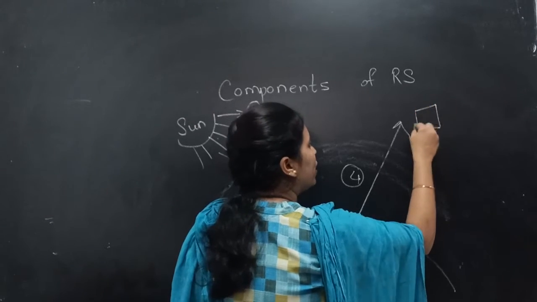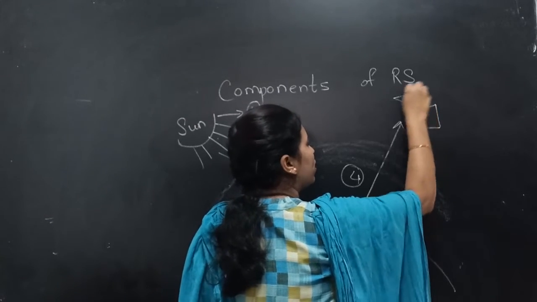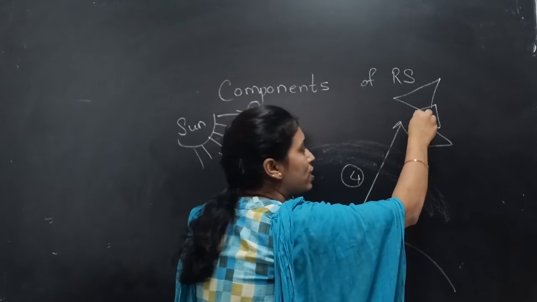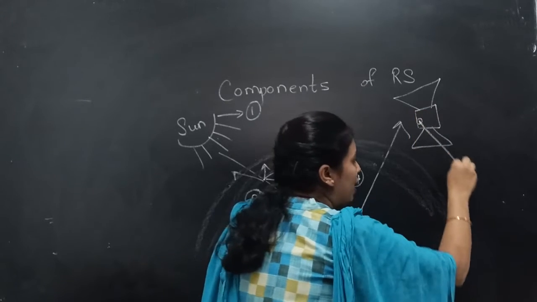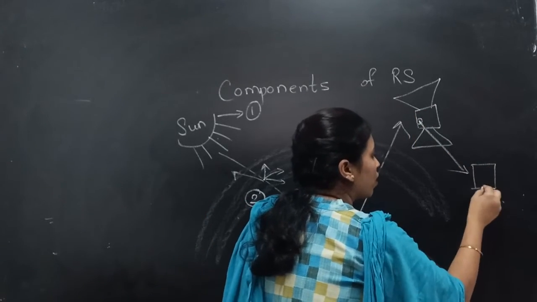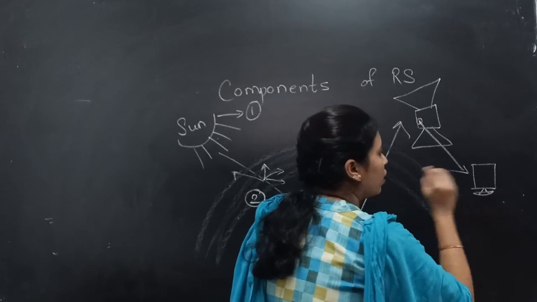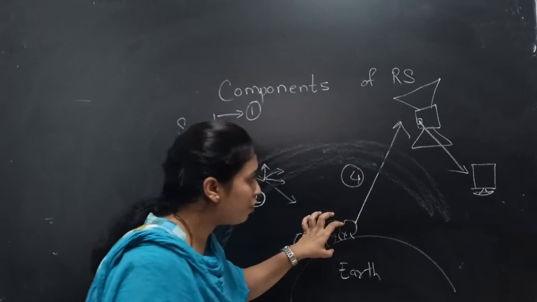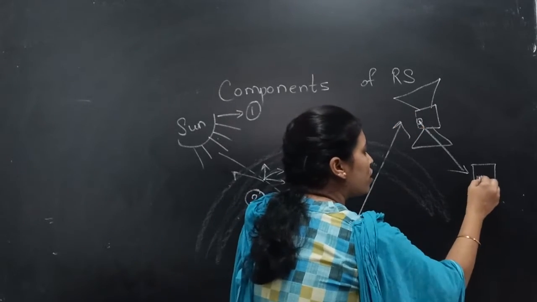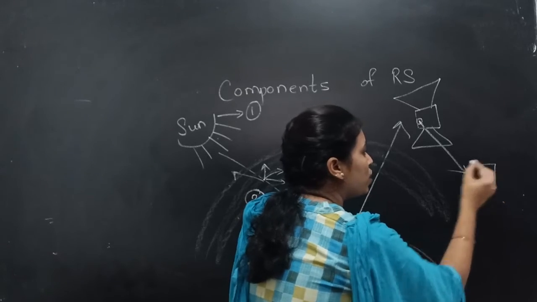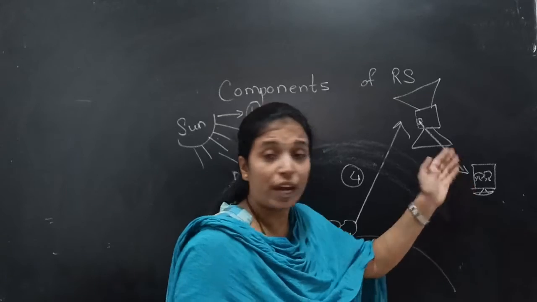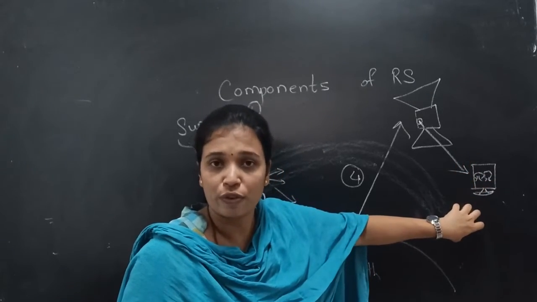After that, when these sensors are placed in a satellite or a platform, the sensors capture the image and send it to a processing unit, if this is a computer. When the image of the trees is captured by the sensors and sent to the processing unit, you can see the image on your computer, and you can do the changes in this software.